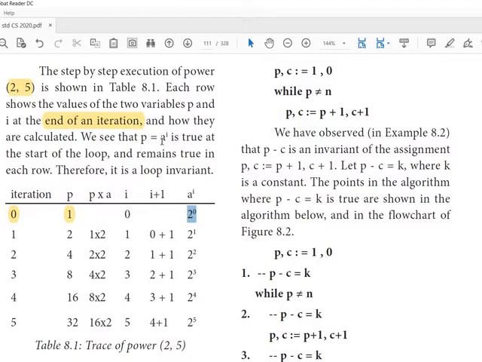So what is the value of a to the power i? It is going to be the value of power. Here it is 2 to the power 0, 2 to the power 1, 2 to the power 2. Each time, the values in i and in p remain as the expression given.